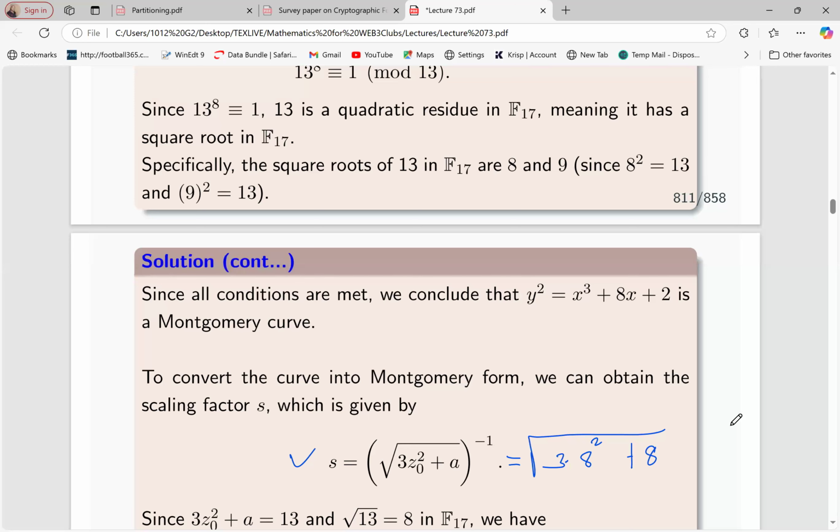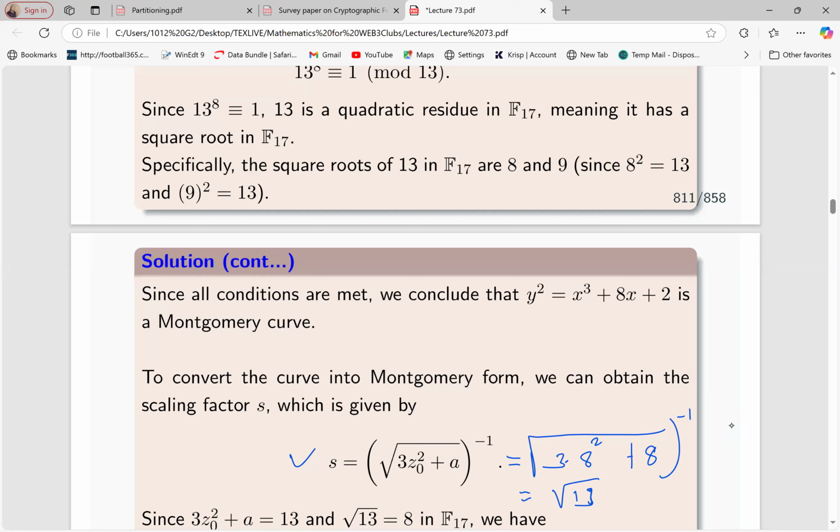So this one, we just use a calculator. 8 square is 64 times 3. That is 192 plus 8. We had gotten 200. And then divide that by 17, goes there 11 times. And the remainder, of course, is 13. So we have the square root of 13.